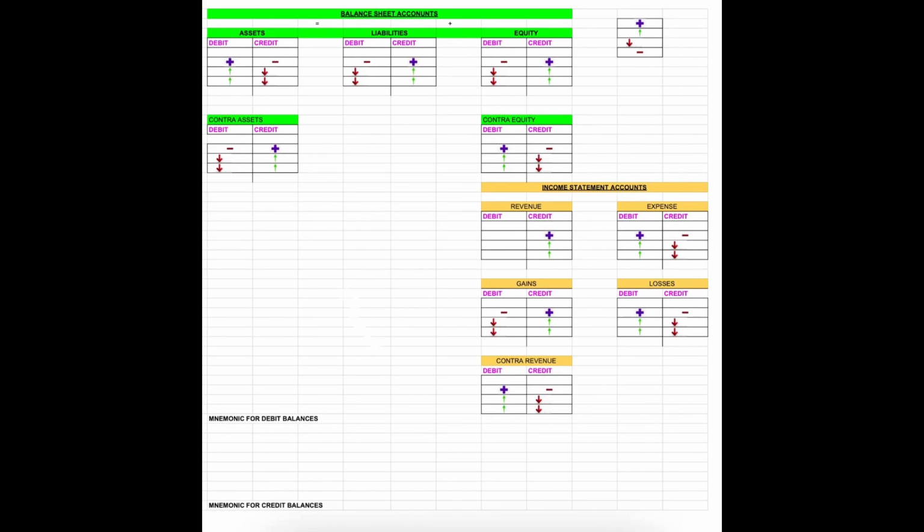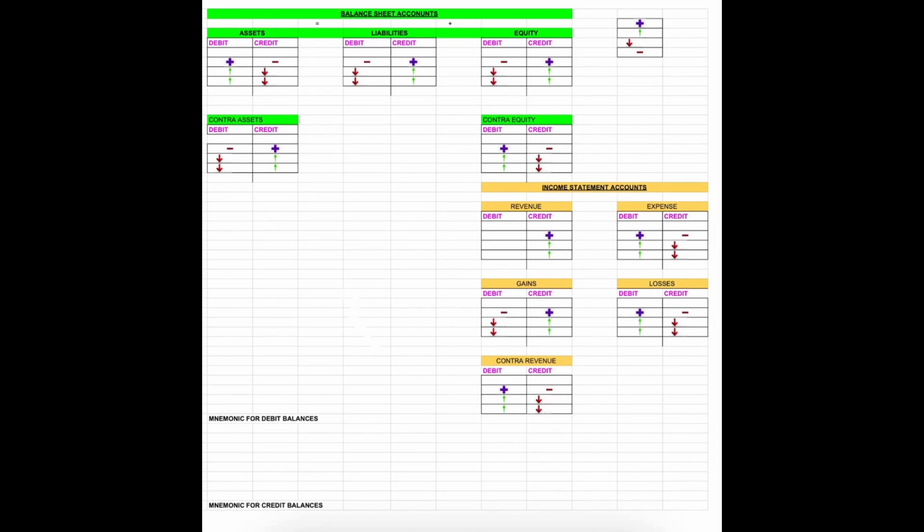When an account increases with a debit entry, we enter all increases to that account on the debit side, the left side of the T account. And when an account increases with a credit entry, we enter all increases on the credit side, which is the right side of the T account.